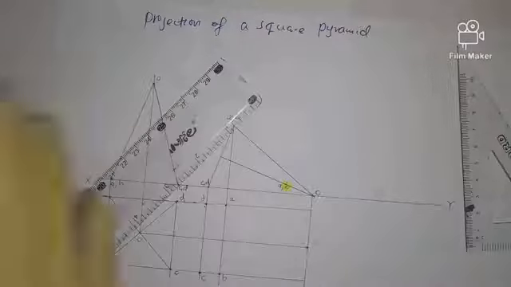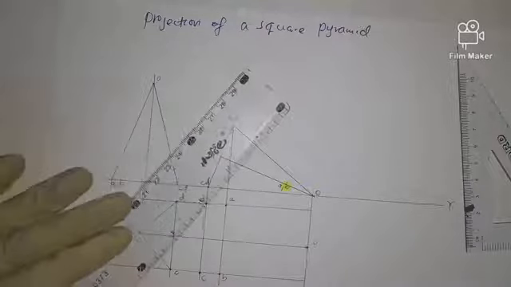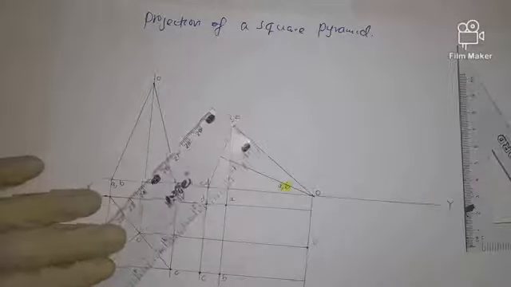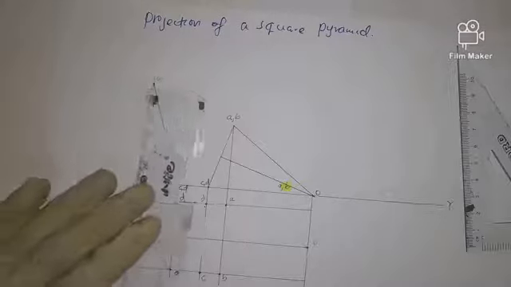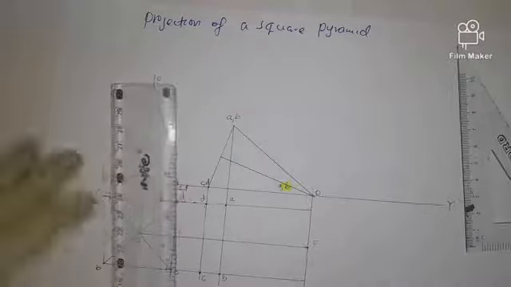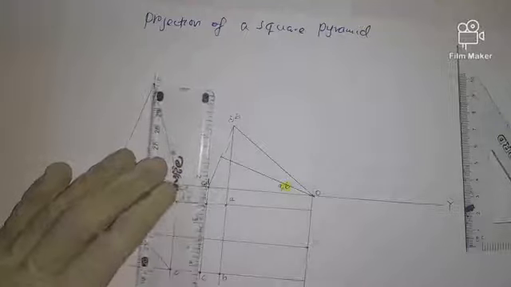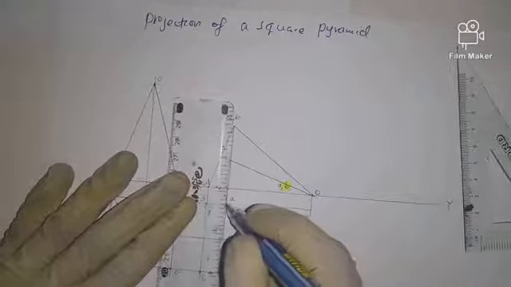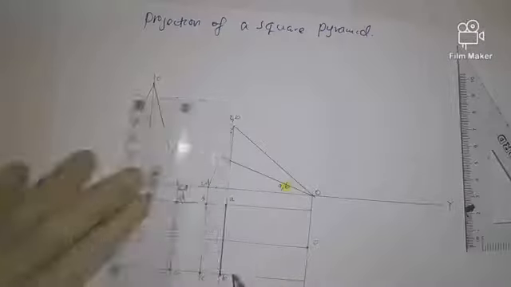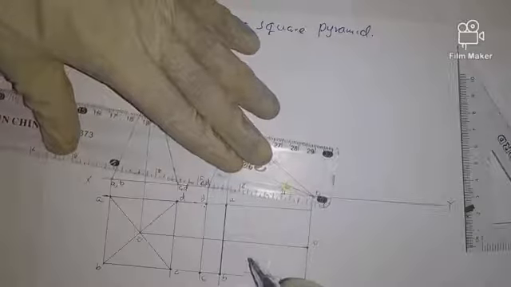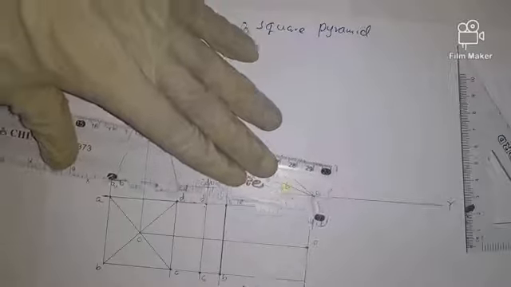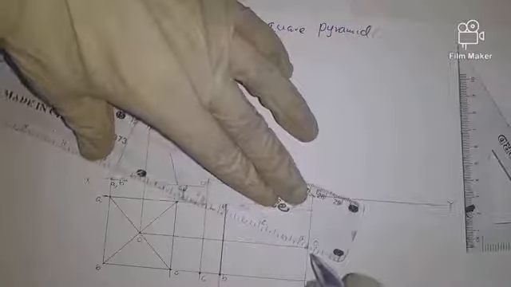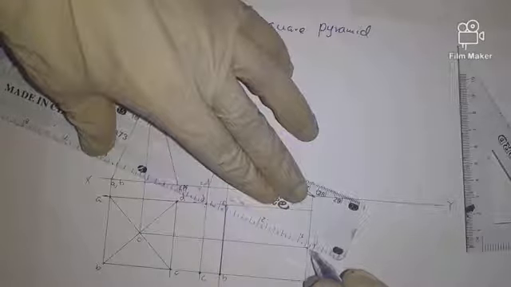Of course, if you look at it from here, all these lines are going to be visible. So because they are going to be visible, we can just draw them, because if you look at it from top, you'll be able to see this line. The CD, going to have this.